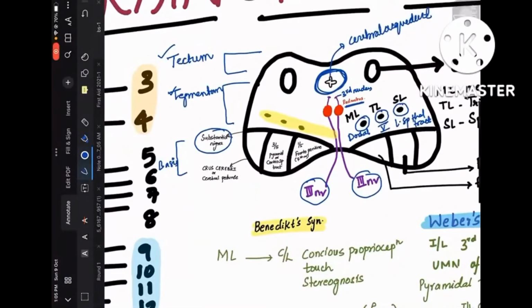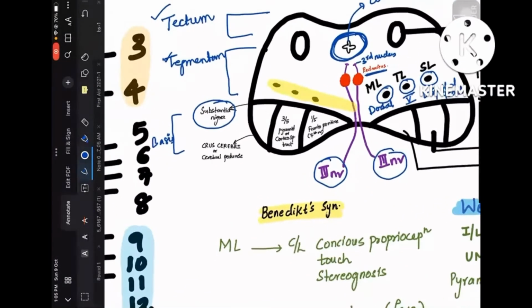So these are the three lemnisci labeled there, and here in the basis part you have three further divisions, divided into 1/5, 3/5 and 1/5 parts. The medial 1/5 is frontopontine fibers, whereas the middle 3/5 is for the pyramid or the corticospinal tract.